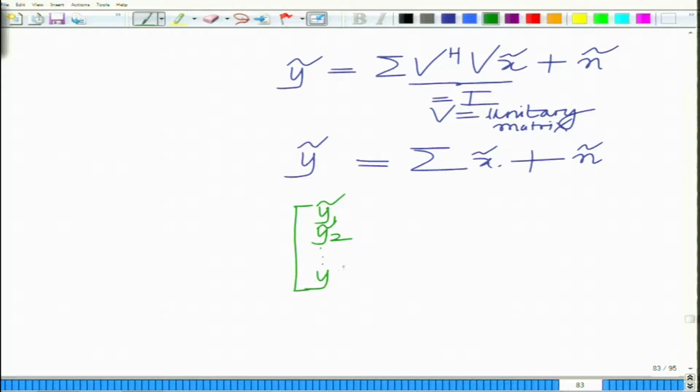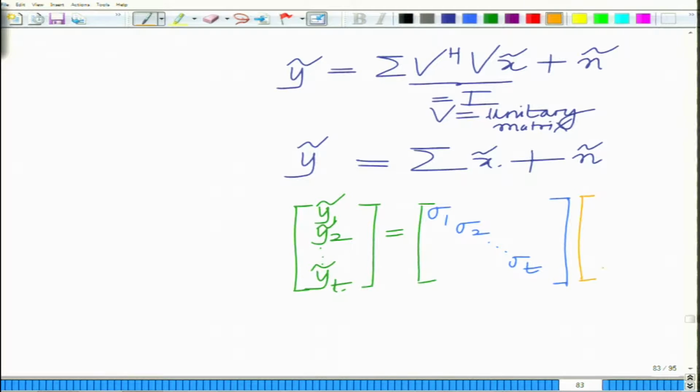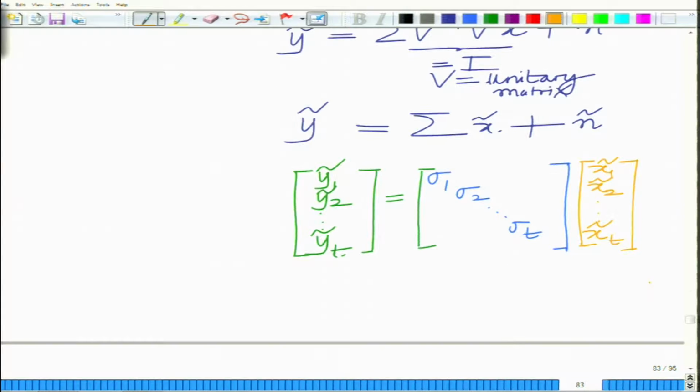Okay. So, this will be y1 tilde, y2 tilde, yt tilde. In fact, just write it out explicitly. So, you have y tilde equals Sigma times x1 tilde, x2 tilde, that is the original symbols before precoding, which is what we are interested in, plus you have your n tilde vector.